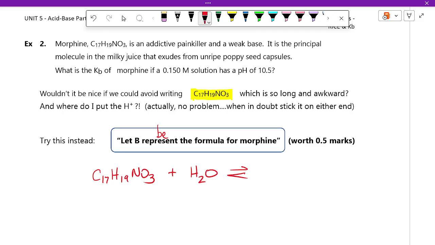I'm going to put it on the end. C17H19NO3H plus OH minus.